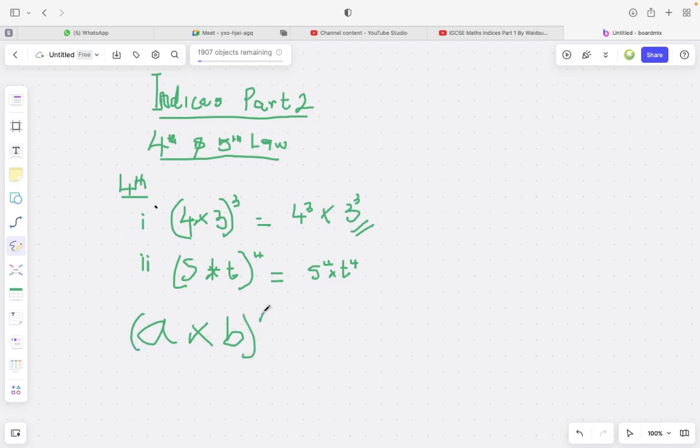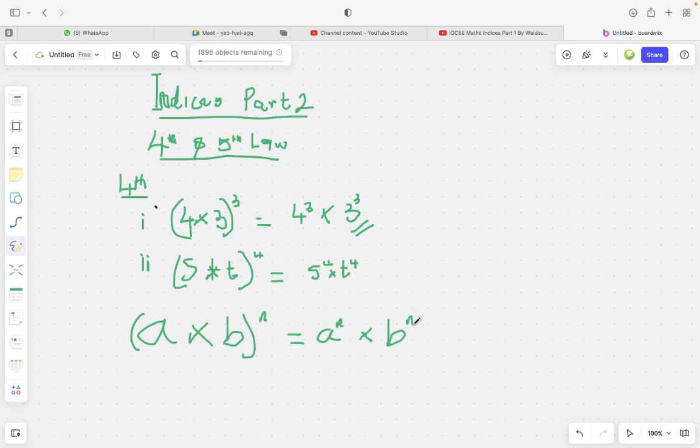Then this will be simplified as a to the power of n multiplied by b to the power of n. Why? Because this power is talking to this one inside the bracket and also this one inside the bracket. Remember, these two numbers inside the bracket are being multiplied.